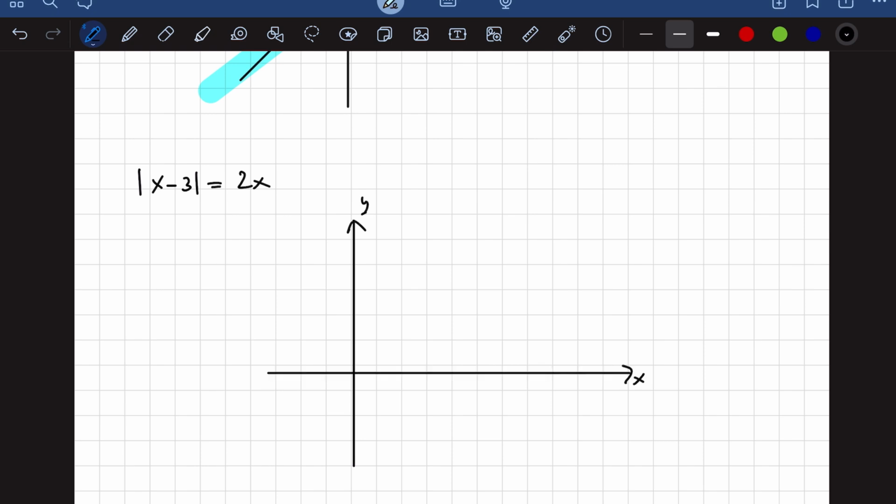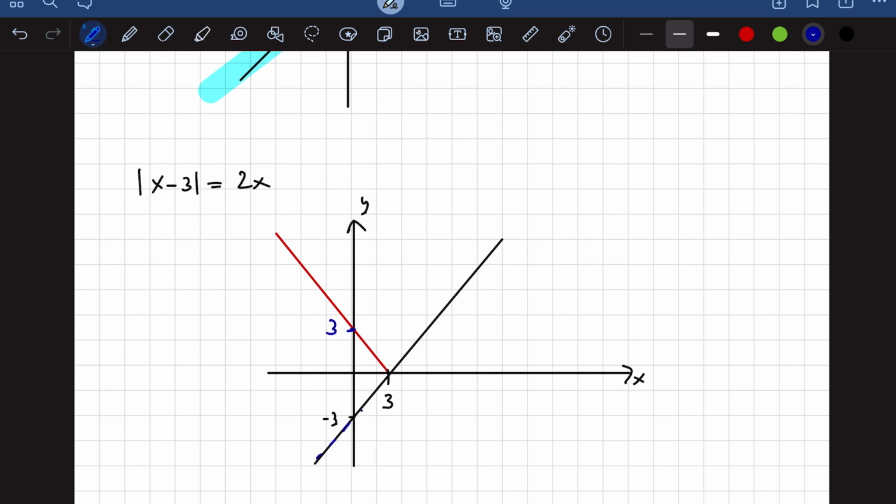So x minus 3 has a y-intercept at negative 3. It goes probably something like that, and it cuts the x-axis at 3. All right? And what happens is that we want a modulus, so everything will get reflected upwards. Something like that.